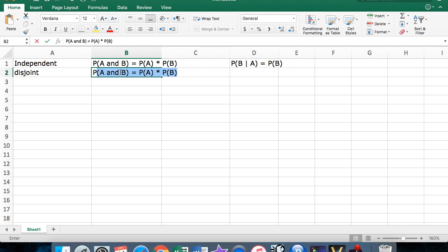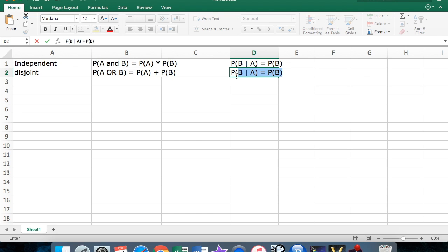Then for disjoint, the probability of A or B is simply equal to the probability of A plus the probability of B. This just means that the probability of A and B is 0.